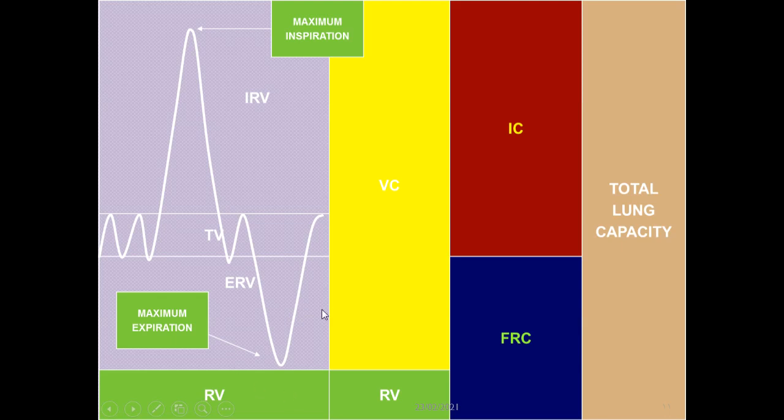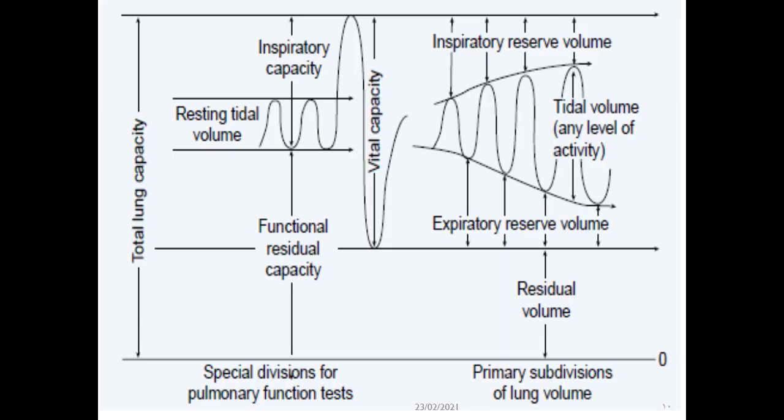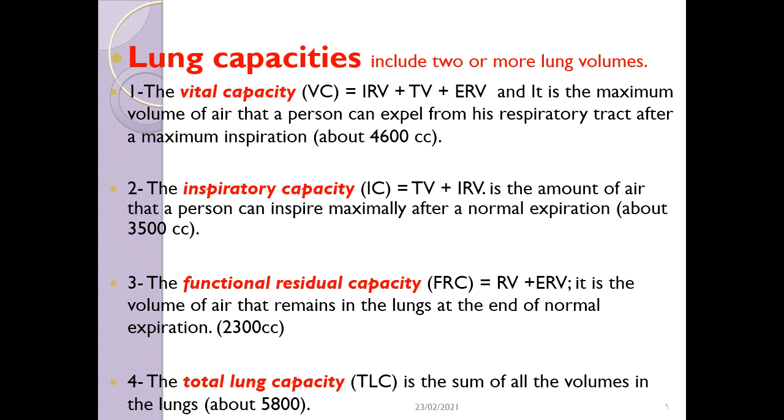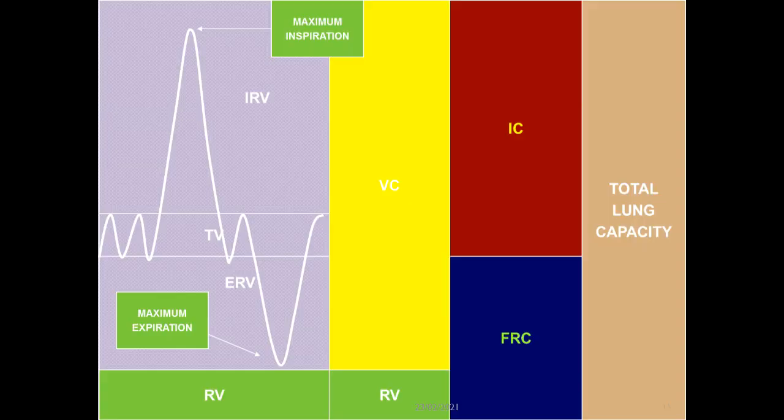As you see, the inspiratory capacity involves the tidal volume and the inspiratory reserve volume, while the vital capacity involves the inspiratory and expiratory reserve volume and the tidal volume.